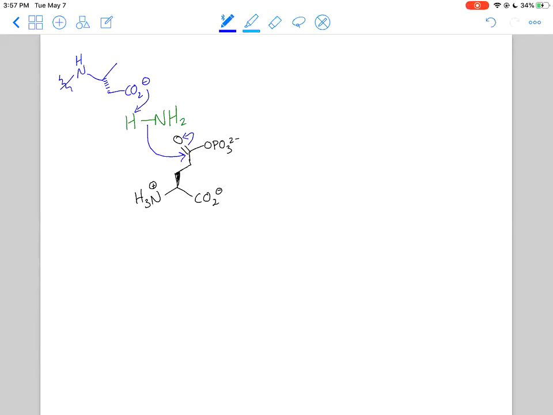This is an aspartate residue. That's a side chain coming off of that peptide molecule. Carbonyl's there. We have our nitrogen. I'm just going to keep it going. Carbon with a side chain, carbonyl, nitrogen, carbon with a side chain, carbonyl. Okay, so that's going to continue as part of the enzyme, and we can see our peptide backbone.